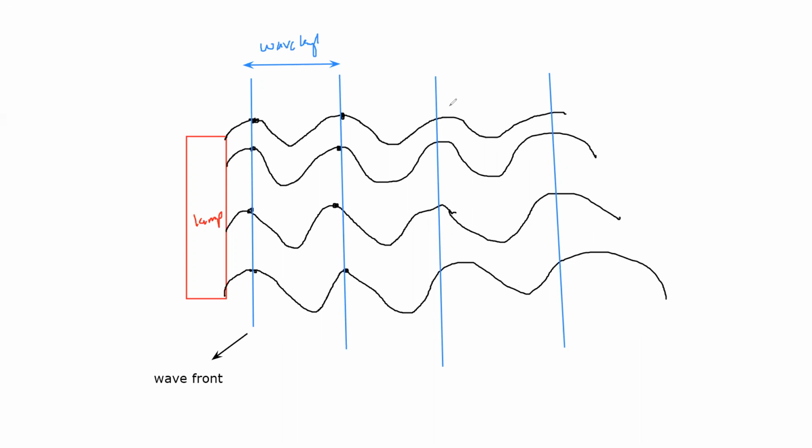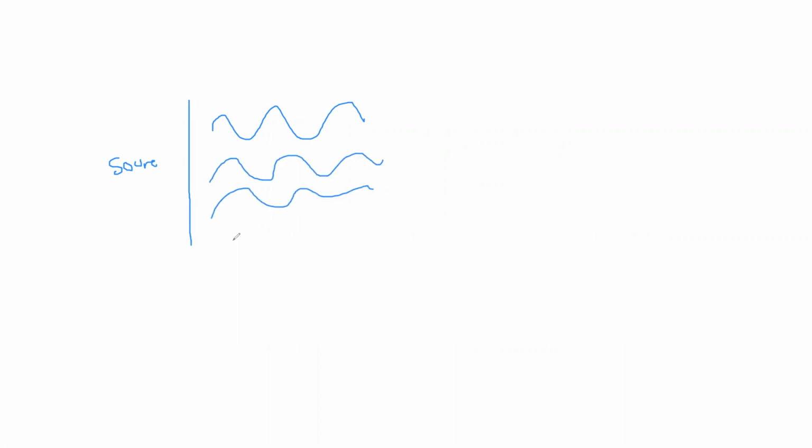Wavefronts are an easy way to explain the movement of the wave. For example, if I have a large source and it is giving out a lot of waves, it will be difficult to draw all the waves together.